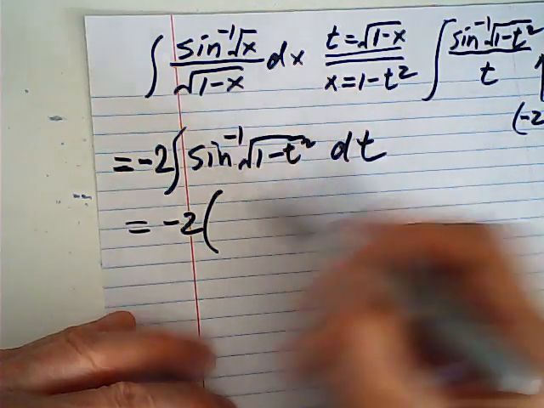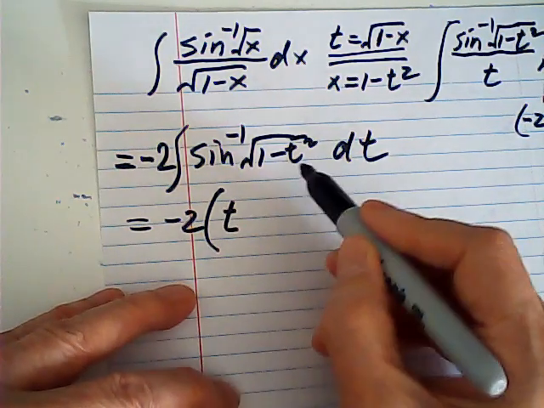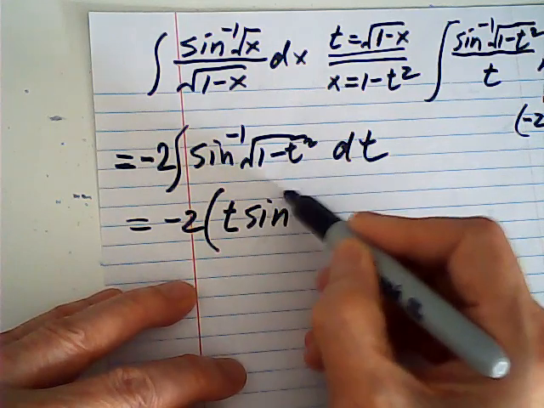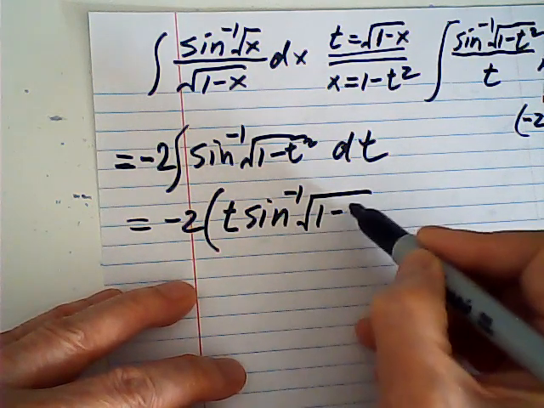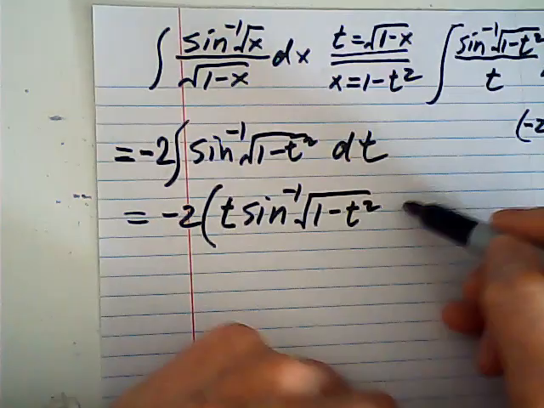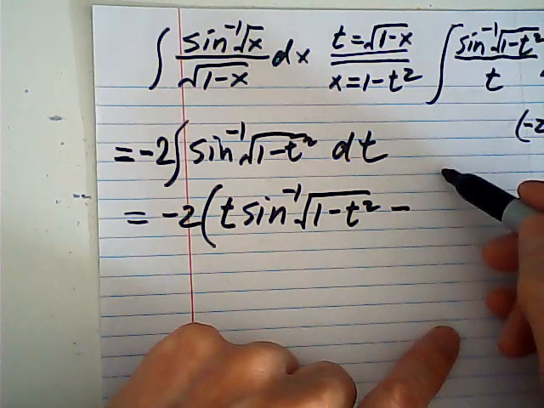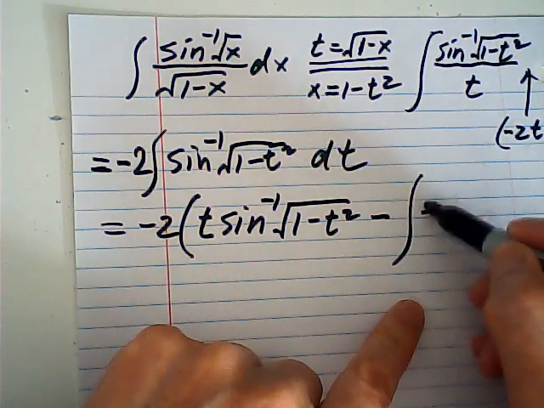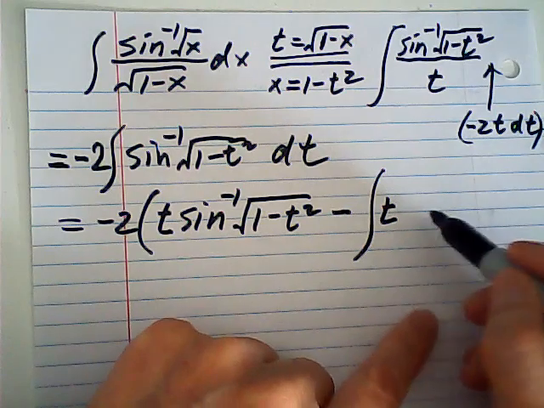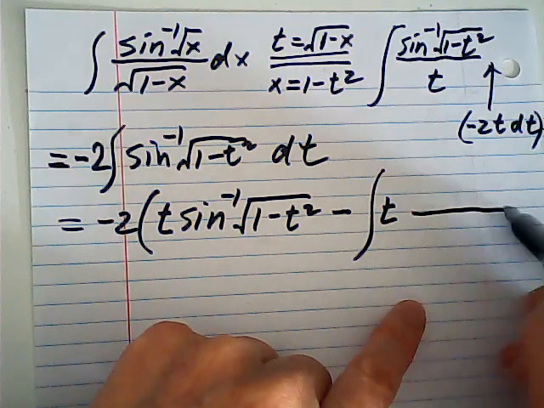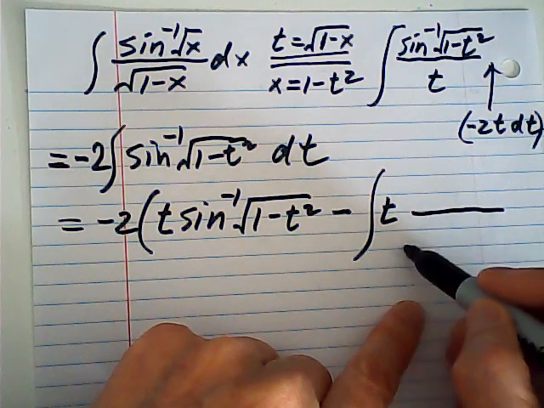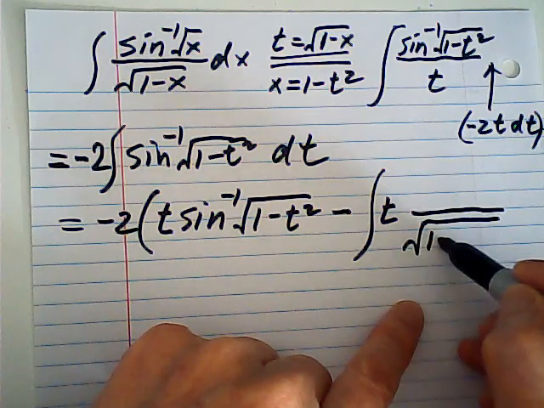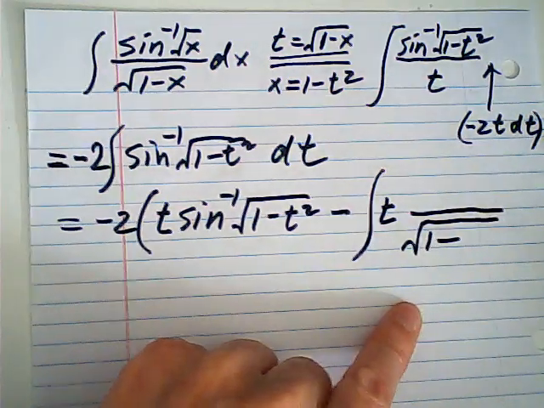So this is equal to u times v, right? This is v. This is my u, minus integral v du. V is t, du is equal to square root 1 minus, this is square, right?